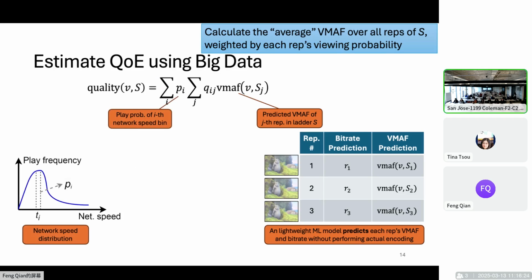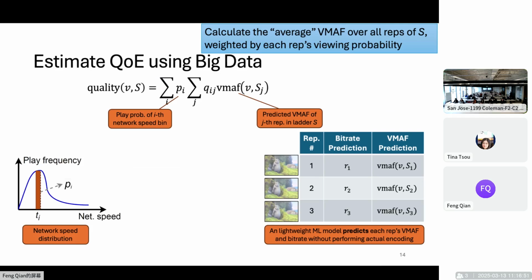So what we did is that we used our big data. We have the network speed distribution, right? Then we discretize this. And for each network speed slot, this I in the summation goes through all the network speed bins. And the Pi is basically the probability of the play frequency of this network speed, right?